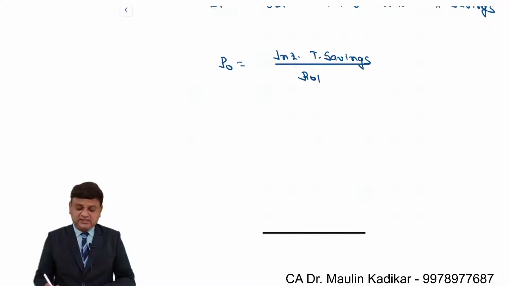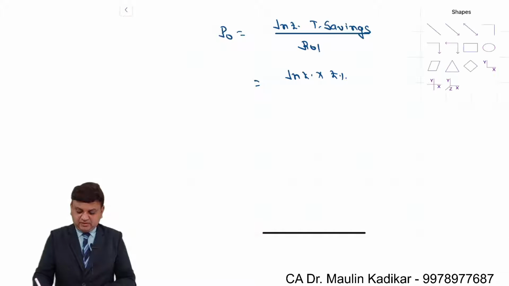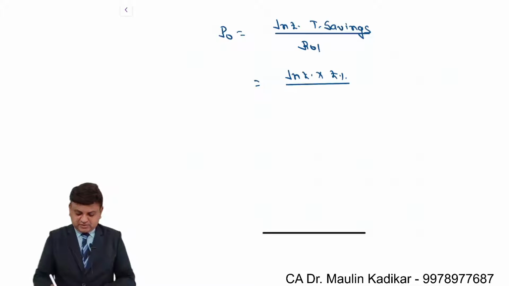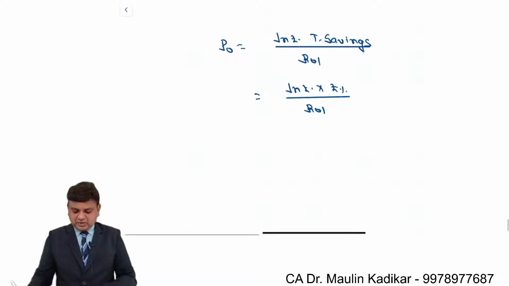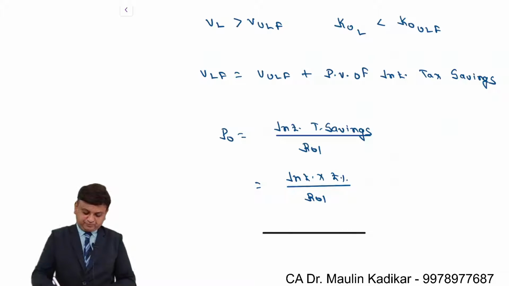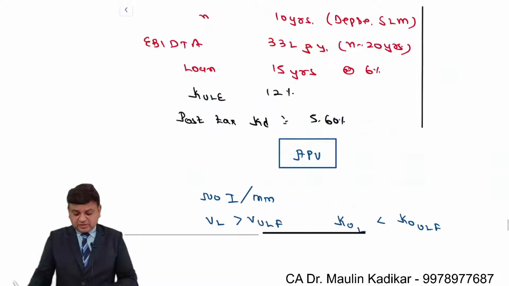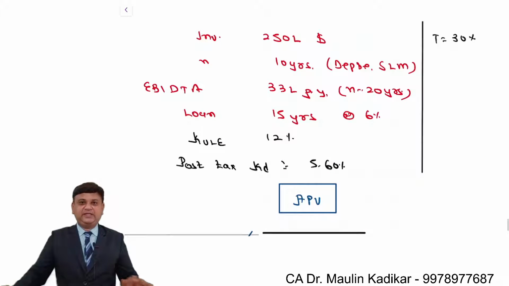What is the interest tax saving? It is interest into tax rate, that is the interest tax saving divided by rate of interest. So this is the present value of the interest tax saving that we have. This amount is added to the value of unlevered firm to calculate the value of levered firm. This is what we have studied, and based on that concept we have adjusted present value.